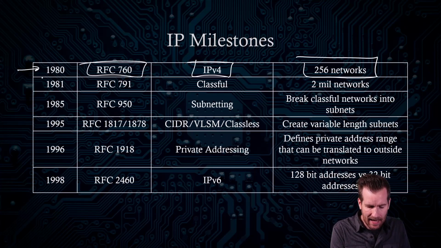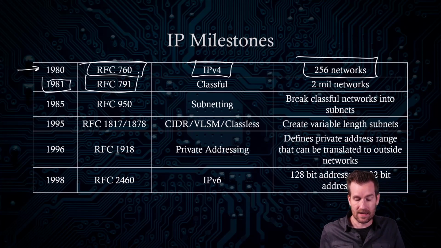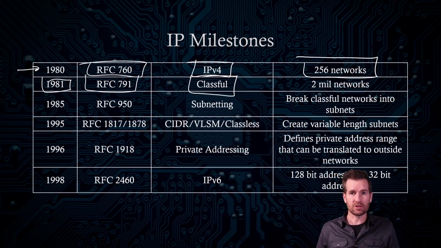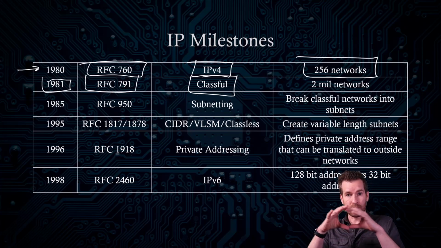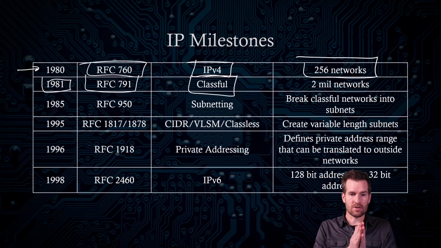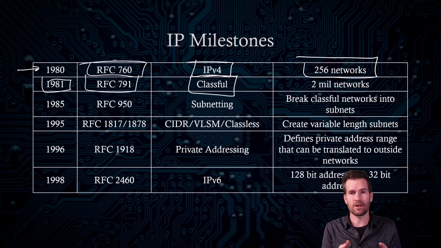So in 1981, there was RFC 791, and it created the idea of classes, or what we call classful. This idea of classes segmented things out. We had a block of class A addresses, where there's only a few networks, but a lot of hosts for each one of those networks.